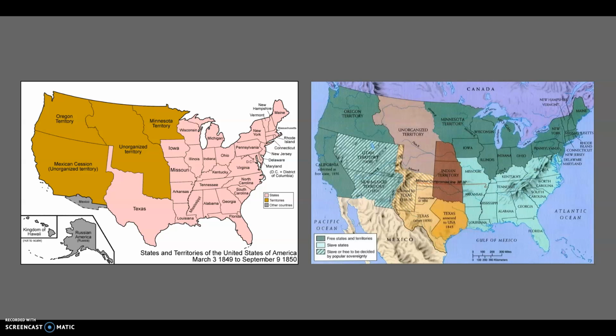America admitted California as a free state as part of the compromise, and then the rest of the territory was split into the Utah Territory and New Mexico Territory. Both of these were open to slavery on the basis of popular sovereignty. Also, part of the compromise was that the slave trade was banned in Washington, D.C., and Texas was allowed $10 million to pay off its debts.